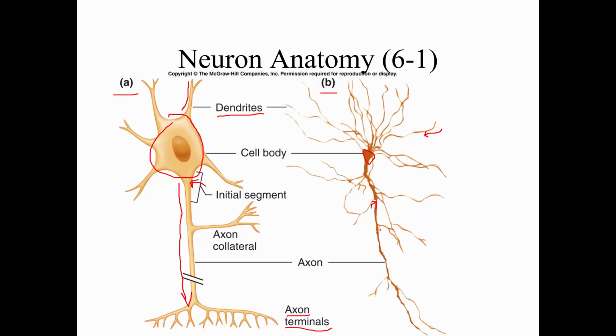But we also see some branching. So this could be a dendrite, it could be an axon. It's hard to say. Clearly, this is the axon here. And then we have branching at the axon terminus.